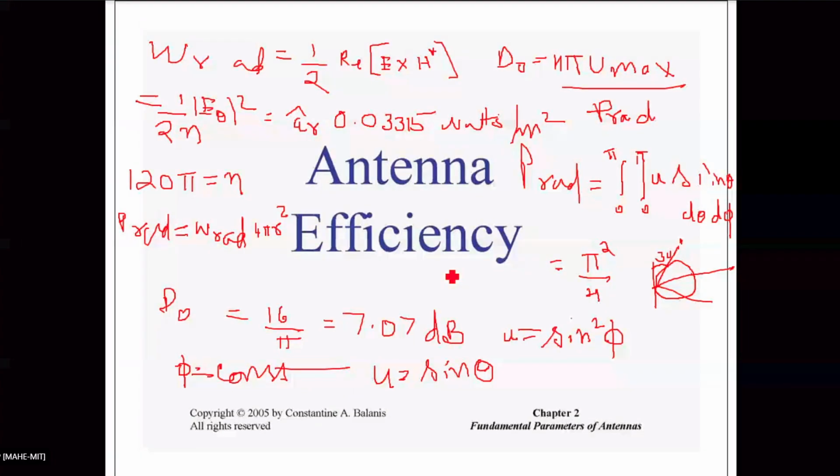Excuse me, sir, is it in watts? Sir, I'm getting the answer in kilowatts. Same number, but it's in kilowatts. I think it is 4.16 kilowatts, something like that. Yes, sir.